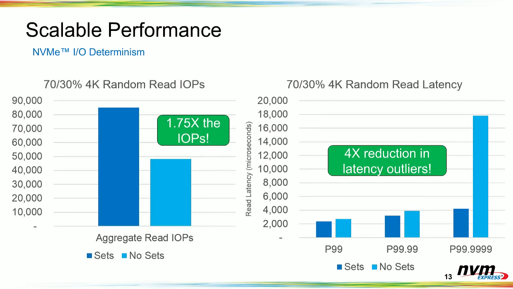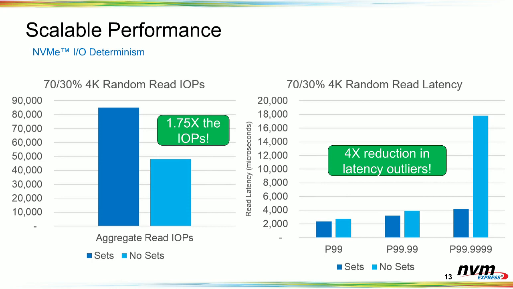So we've seen some great numbers with I/O determinism as far as getting the quality of service of the read operations going. You see here on the left a chart where you compare one large SSD with a bunch of smaller SSDs, and you definitely do get quite a bit of improvement in the IOs per second.